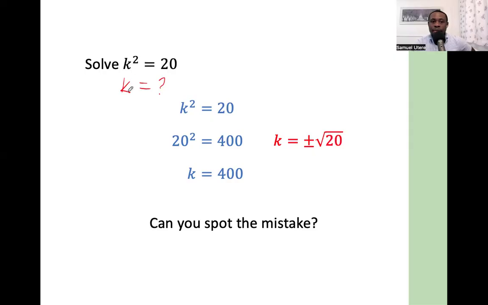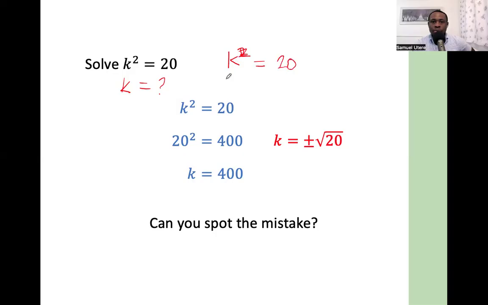Now remember, we did learn that the inverse of squaring is to do the square root. So to be able to get rid of the squaring of the k so that we can have just k, we have to do the square root of both sides. And that is why this calculation is wrong.